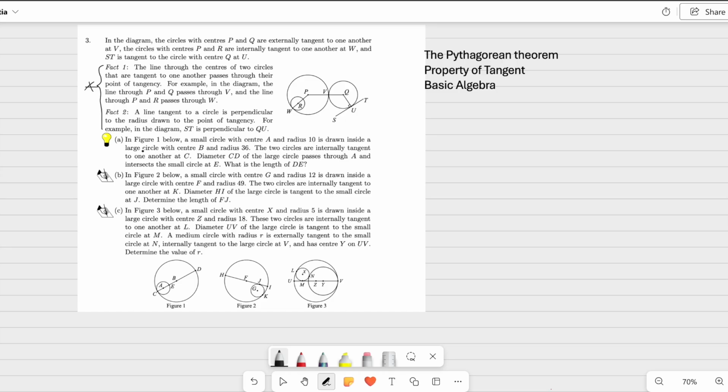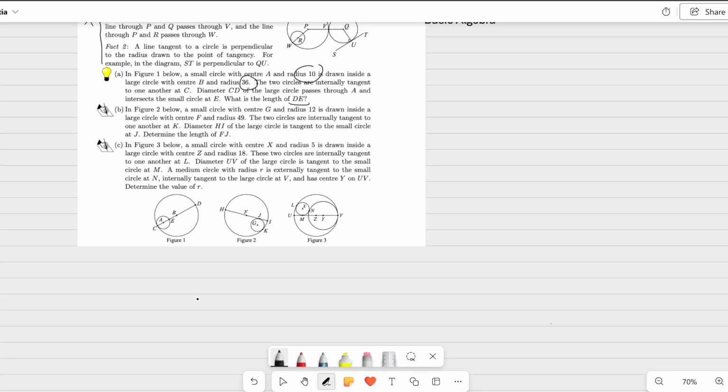In the first question, it provided a small circle centered at A with radius 10, and another circle centered at B with radius 36, and we're looking for DE.